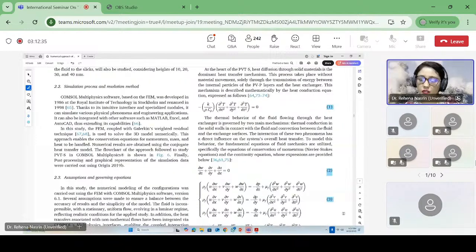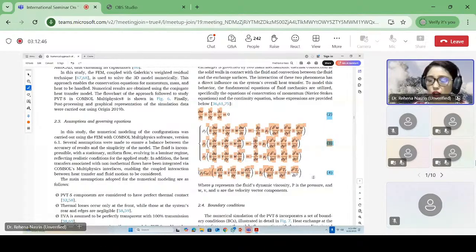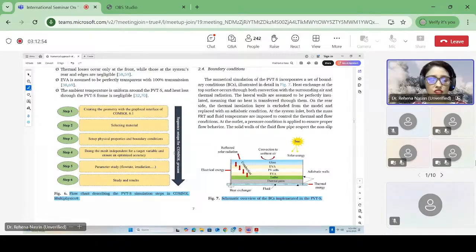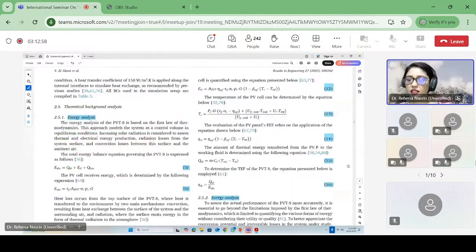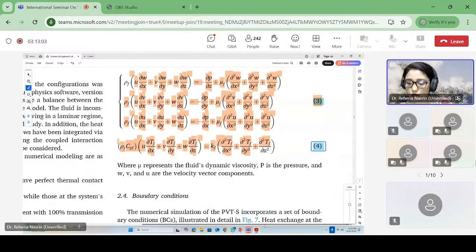For the heat exchanger part, that is the fluid flow domain, we consider the Navier-Stokes equation and continuity equation, and also the energy equation for the fluid. So these are equations 1, 2, 3, 4, and this is the flow chart of how COMSOL Multiphysics solves this problem. This part I am just showing you in a large view mode.